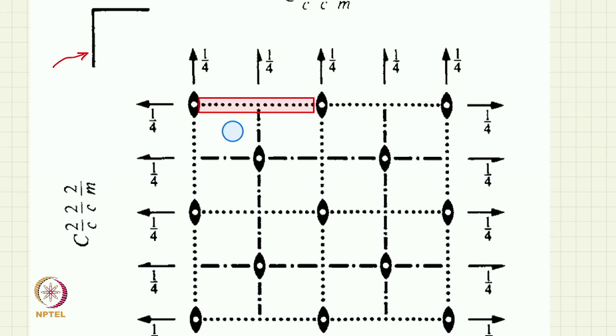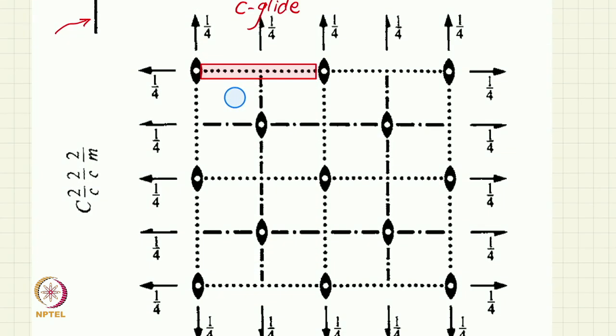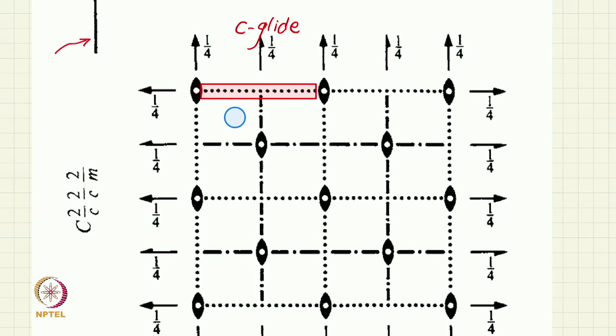It is perpendicular to the plane of the paper. So, it is a c glide, and the glide vector will be c by 2, which in fractional coordinate notation we will simply represent by half.